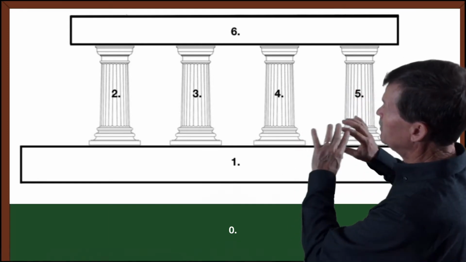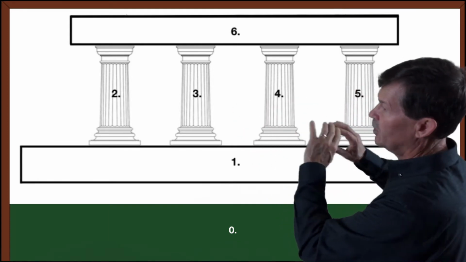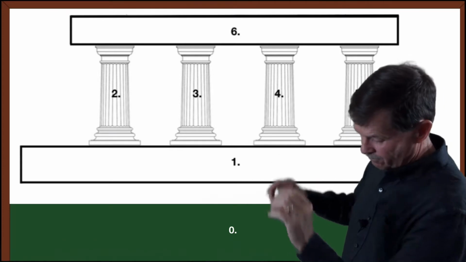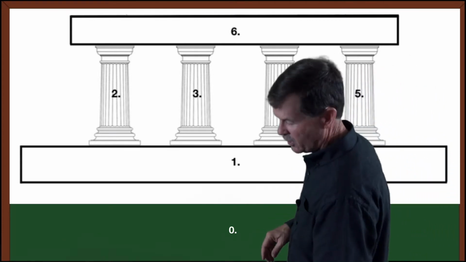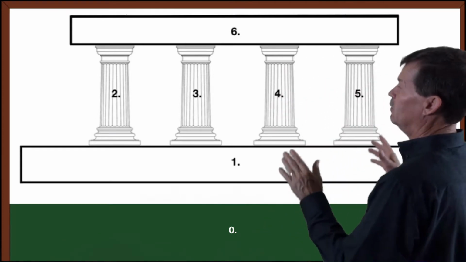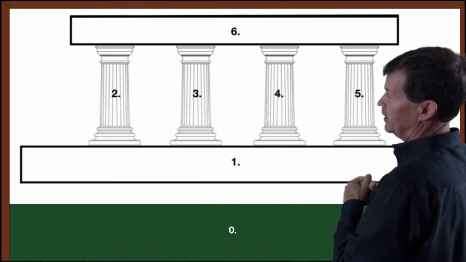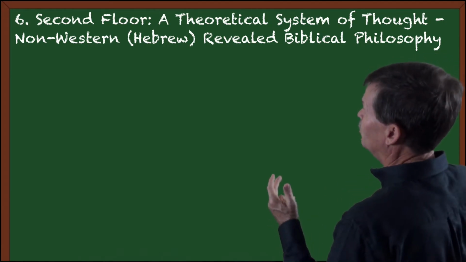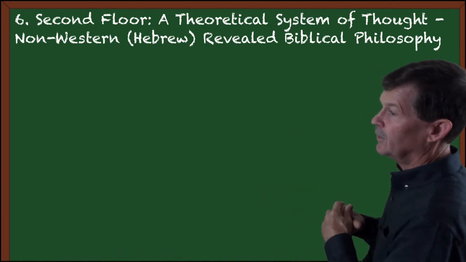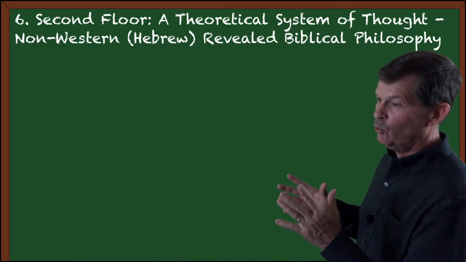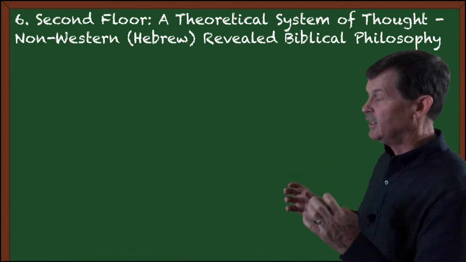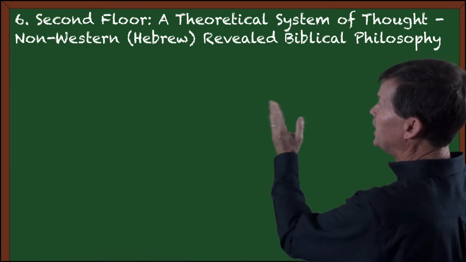Now, on top of these pillars goes the first floor. And what is that first floor? The first floor, or the second floor, is a theoretical system of thought. And what does that system of thought represent? Well, it's non-Western, and being non-Western, it has its way of thinking, a way of perceiving. It is Hebrew.